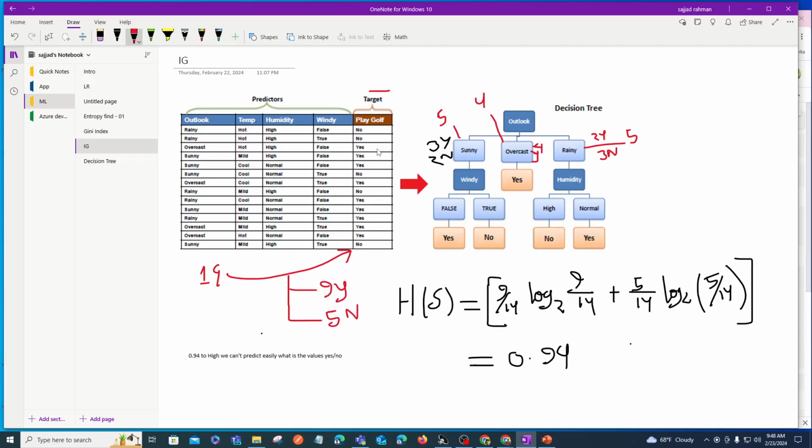So if we take another feature like outlook, how do we divide it? First of all, we calculate it for sunny.